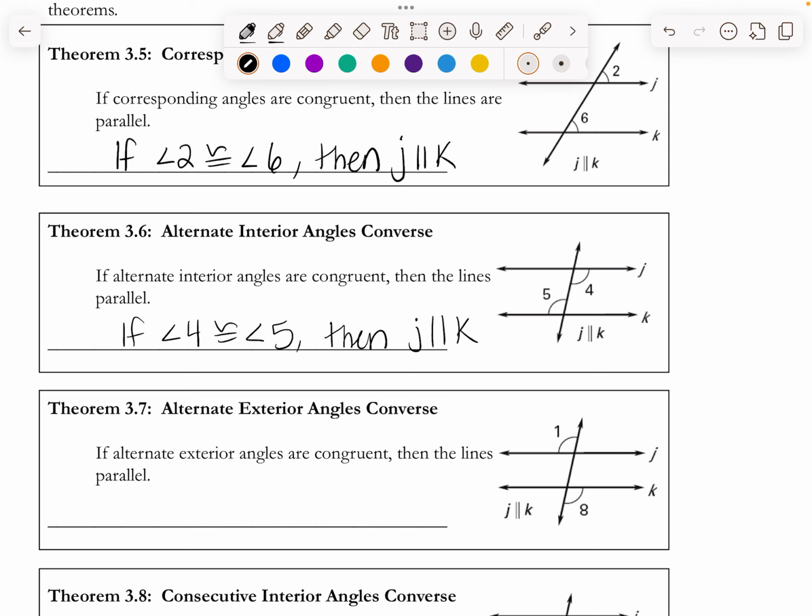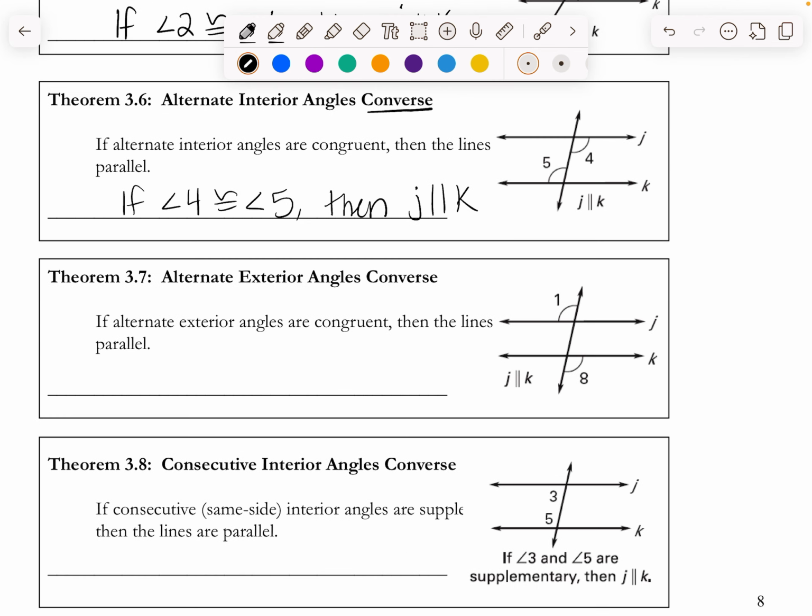So that's that. And notice that the names of these are different. It's followed by converse. So this would be alternate interior angles converse. Similarly, alternate exterior angles. So those involve the outside of the parallel lines and alternate along the transversal.